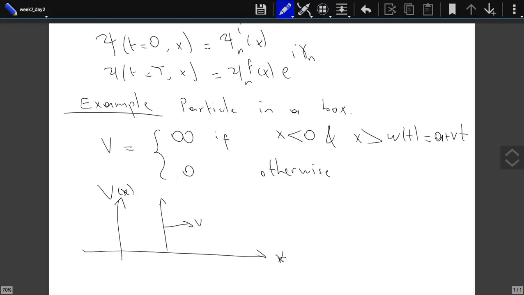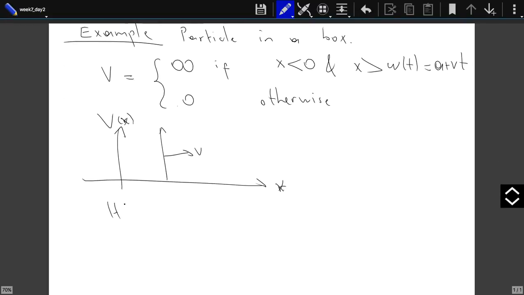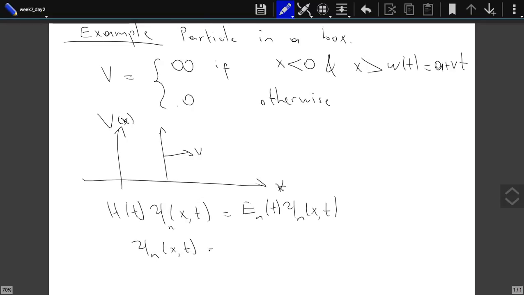Now we already know at a given particular time, we know the energy eigenvalues already. So H of t psi_n(x;t) is equal to E_n(t) psi_n(x;t). The solution of this one is psi_n(x;t) equal to sine of n pi x over omega of t.